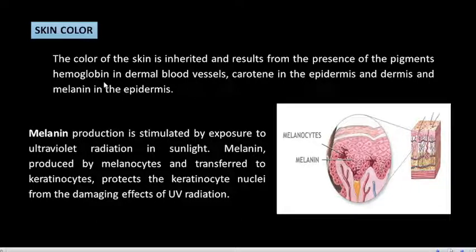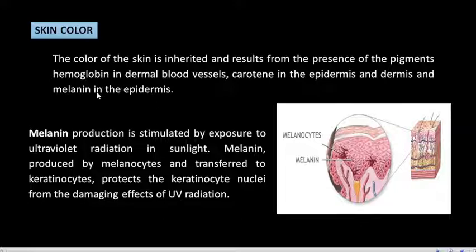Kaya nga, meron kasi tayong may anemia. Kapag may anemia ka, you lack the red blood cells. Kaya yung mga taong may anemia, medyo pale ang skin color nila, no, maputla. Kasi meaning kulang ng red blood cell.